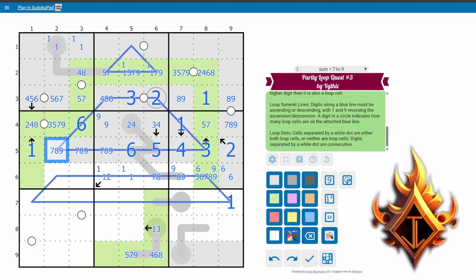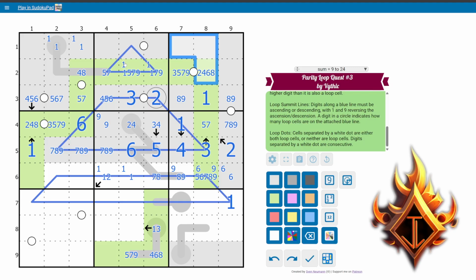So 4, 5 would go up here, which would be okay. A 2 could still be there. 2, 3. That put 3 over here.